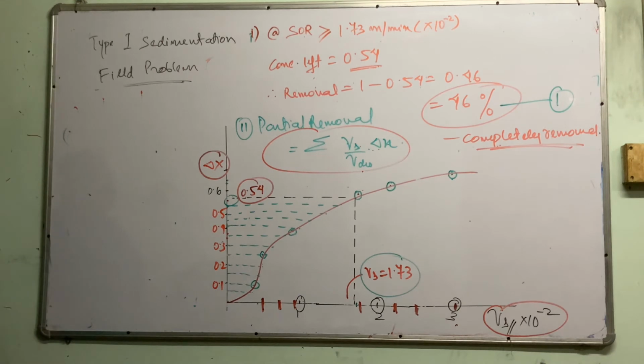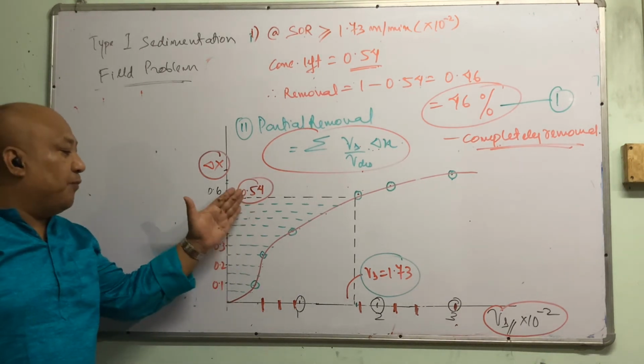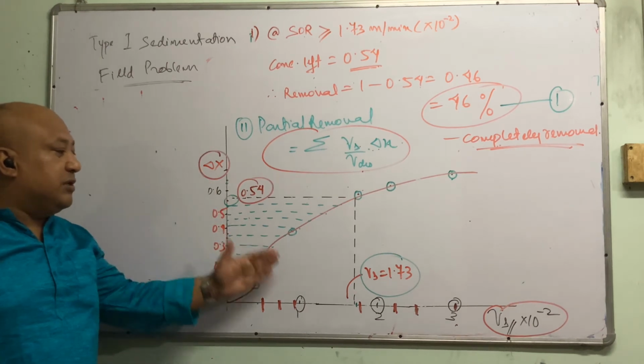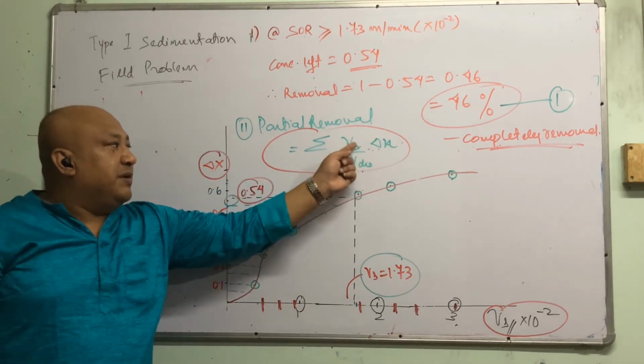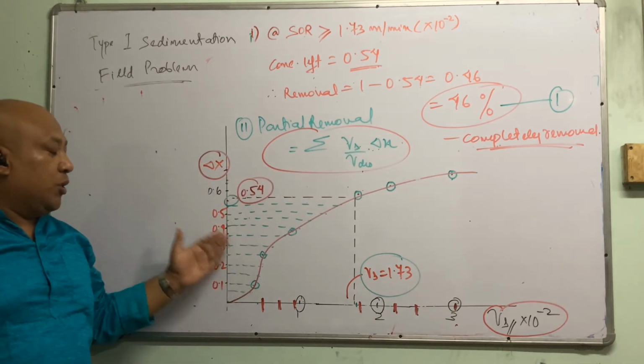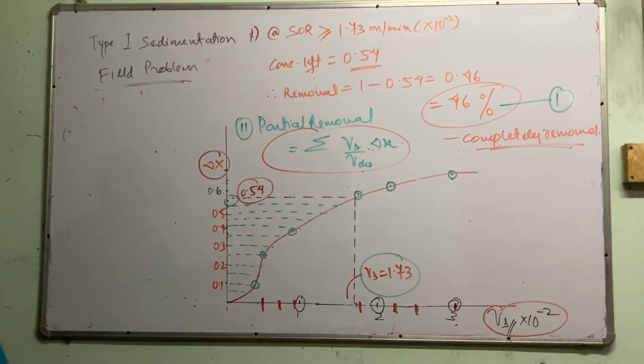So what we are trying to do is find the area of this part, that is del X into del V, the product of these two.